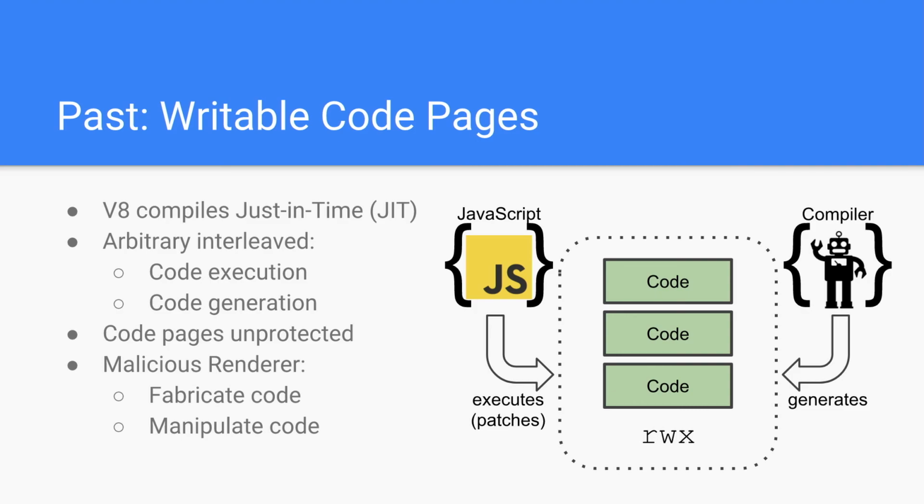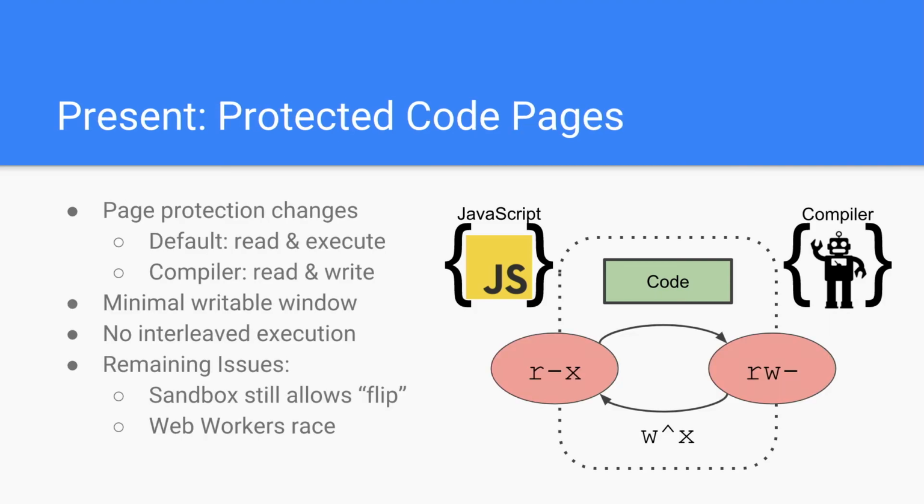And that means we unfortunately have memory pages that are both writable and executable at the same time. And that leaves those memory pages kind of unprotected. So any out-of-bounds write in the renderer can immediately be used to either fabricate completely new code or manipulate existing machine code. To fix that, we started protecting our code pages.